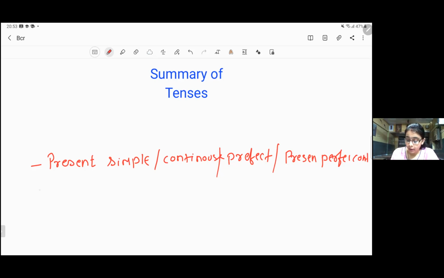Next, you will write past simple, past continuous, and perfect.